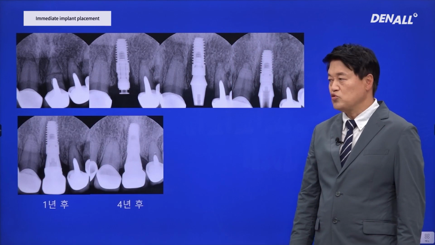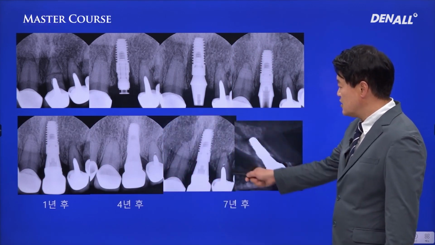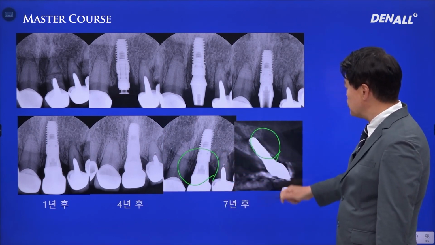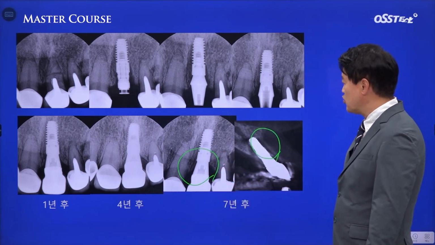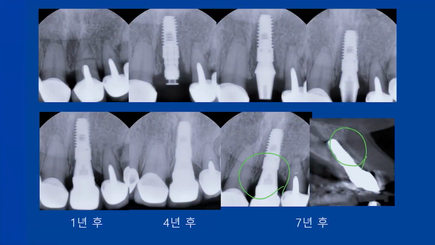This is 1 year after, 4 years after, and 7 years after. There's no marginal bone loss, and on the buccal side, there's bone healing and it's maintained. On the anterior area, if you choose appropriate position and do GBR, even with significant time, stable results can be achieved with implant prosthesis.